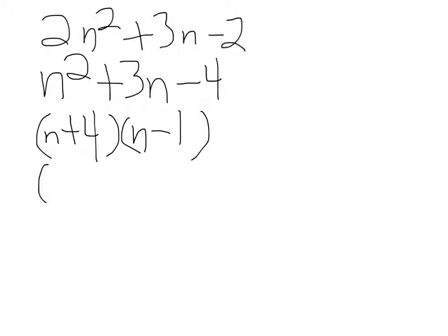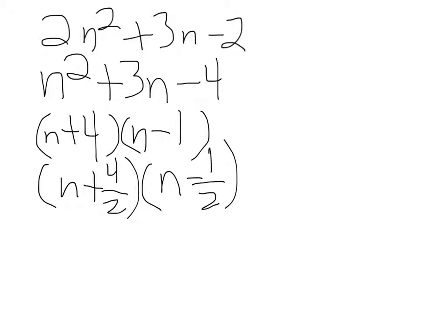Our step always at this point then is to take our a value and divide the integers in our binomial. So we get quantity of n plus 4 over 2 times the quantity of n minus 1/2. So we get n plus 2 and n minus 1/2.